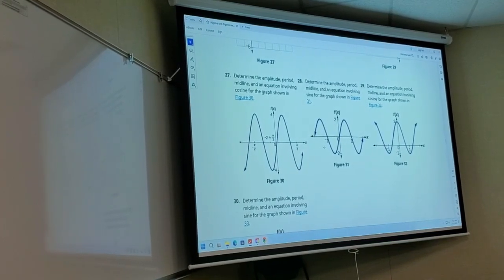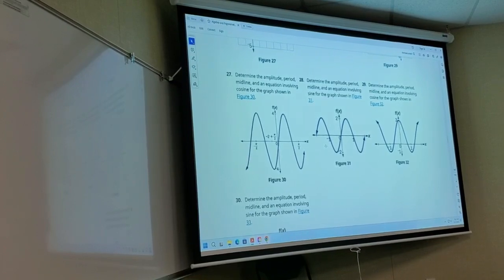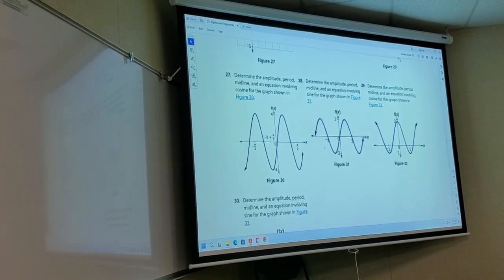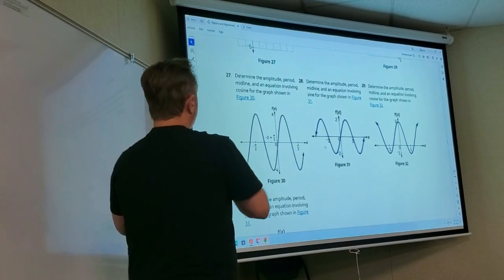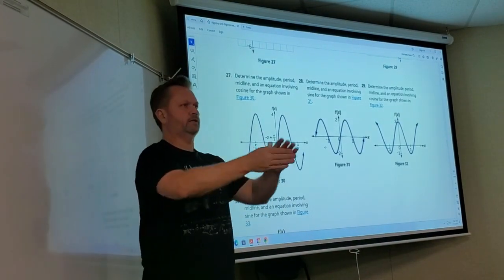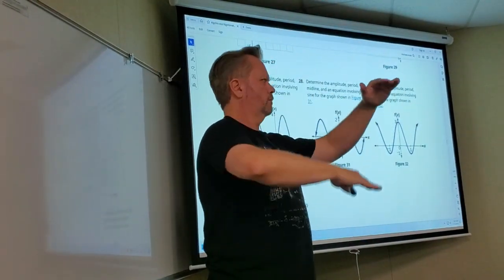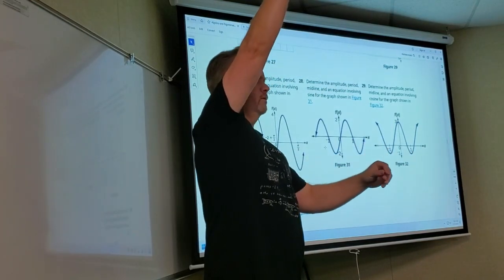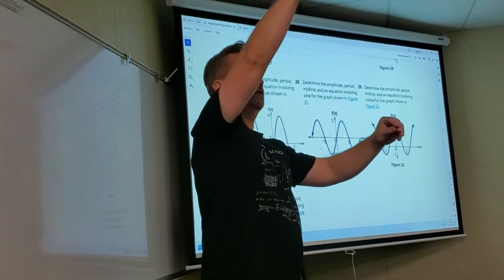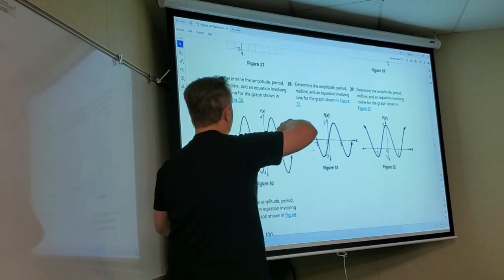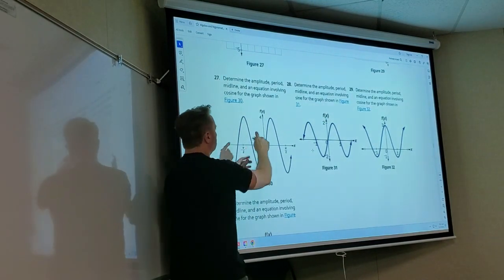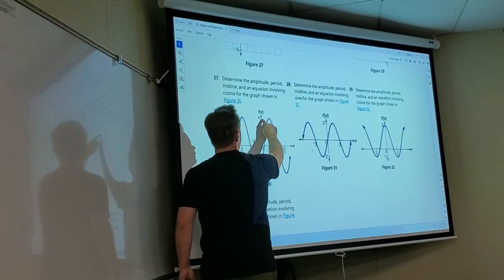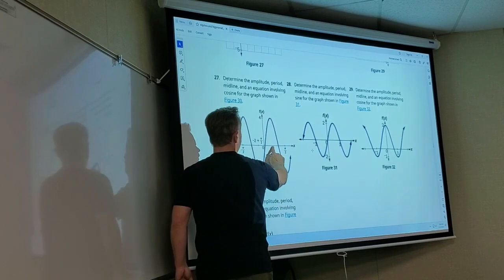Let me see how I can point this out. What does cosine normally do? At 0, where does it start? It starts at 1, yes? Normally for a normal cosine. I could either say it's been shifted to the right, but do I know what this is?